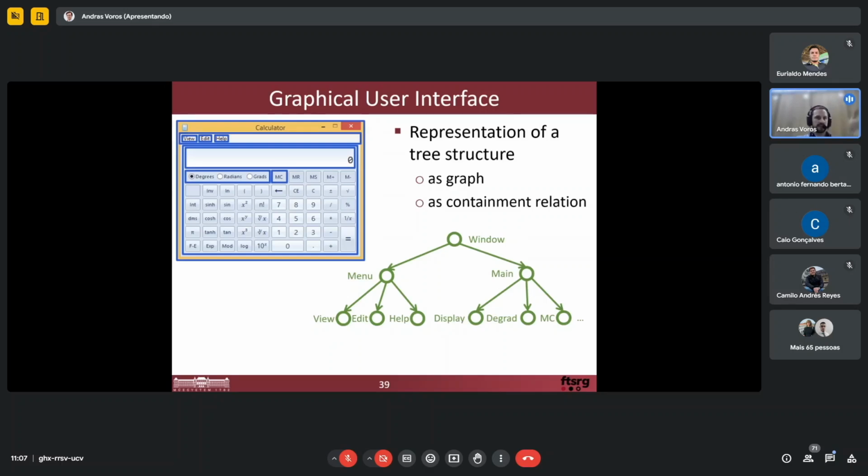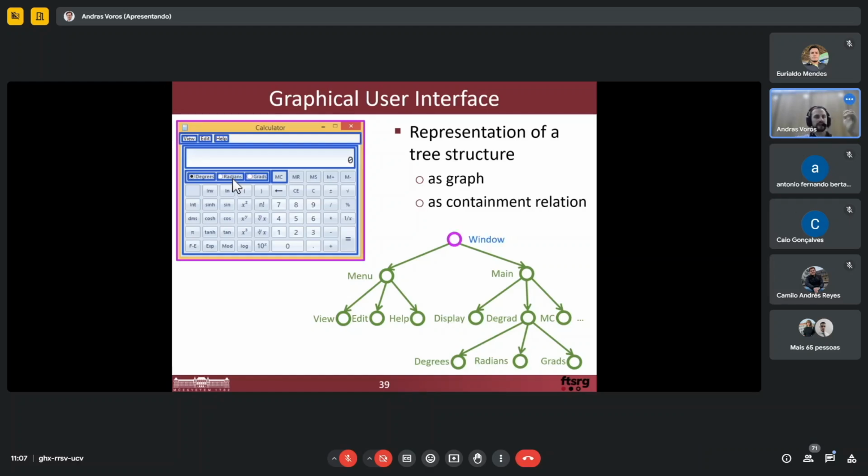There is the MC part. And actually, okay, there are many other buttons, but for the sake of simplicity, I didn't put them here. And in the DegRad part, I have the degrees, radians, and grads. So whenever I want to push a button, like the radians here, I want to switch from degrees to radians.